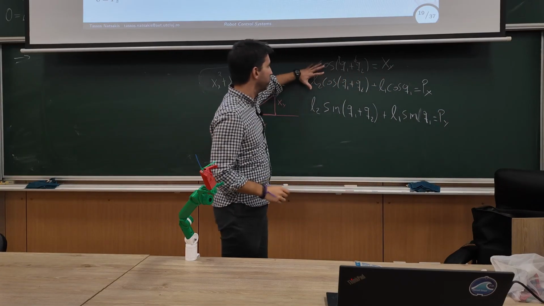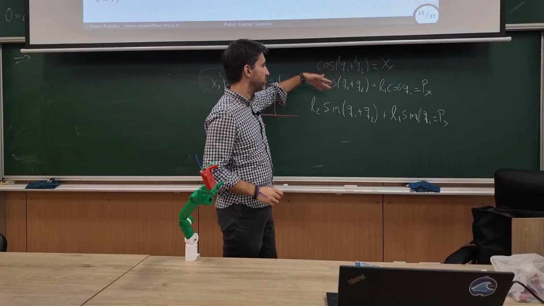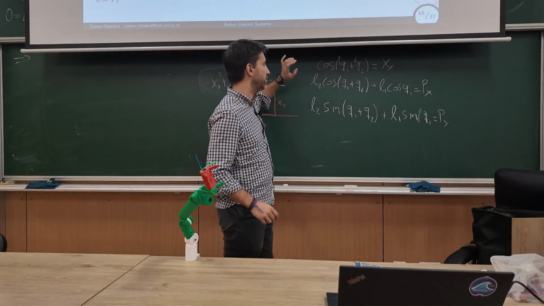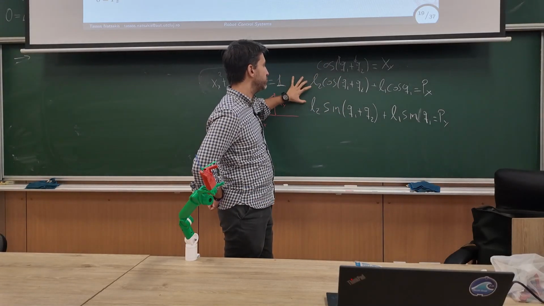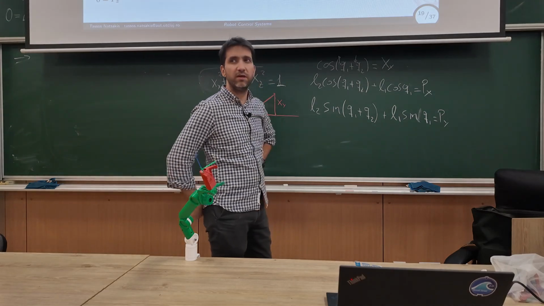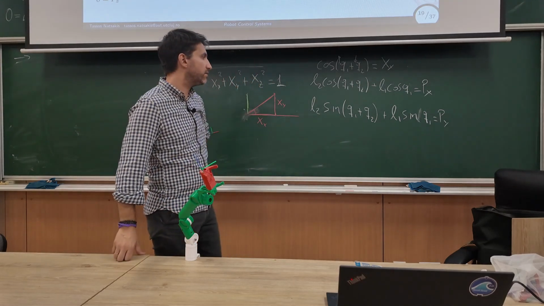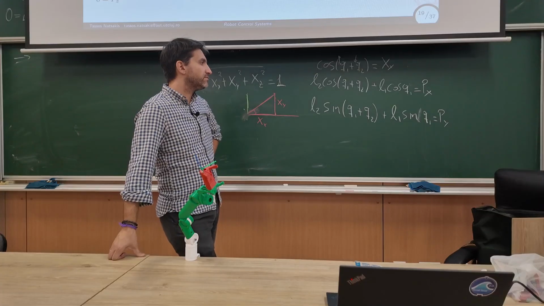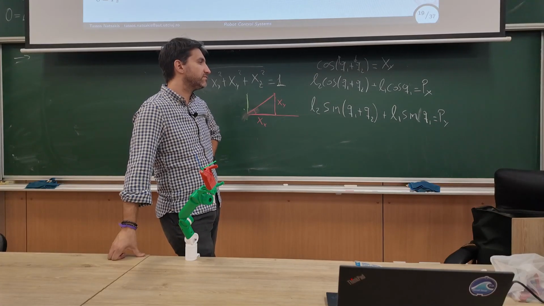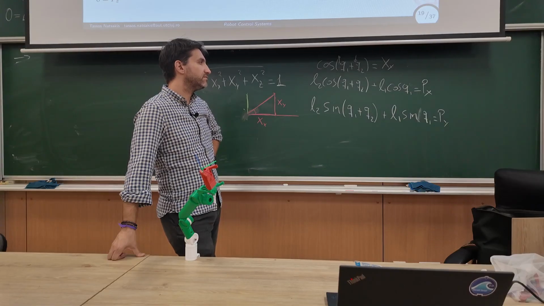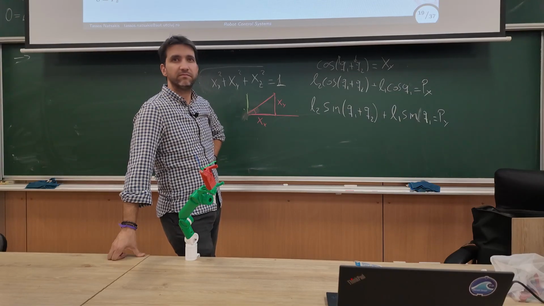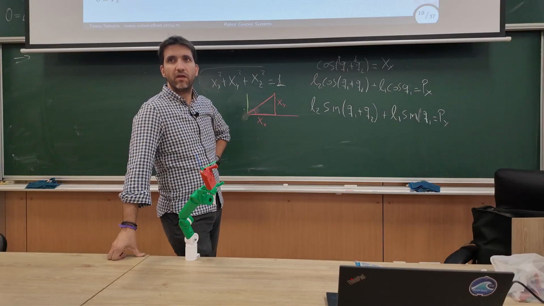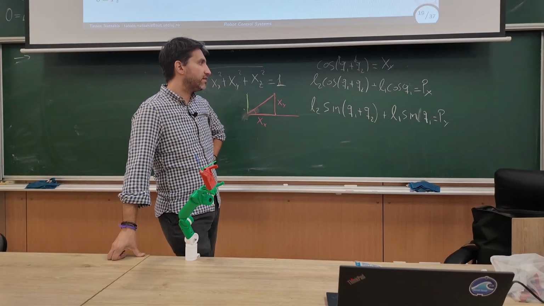So with these two I can do the same thing, right? I can change Q1, Q2, so these two are also independent. Are these two independent? Can I change Px without changing Py? Can you think of an example that I can change?